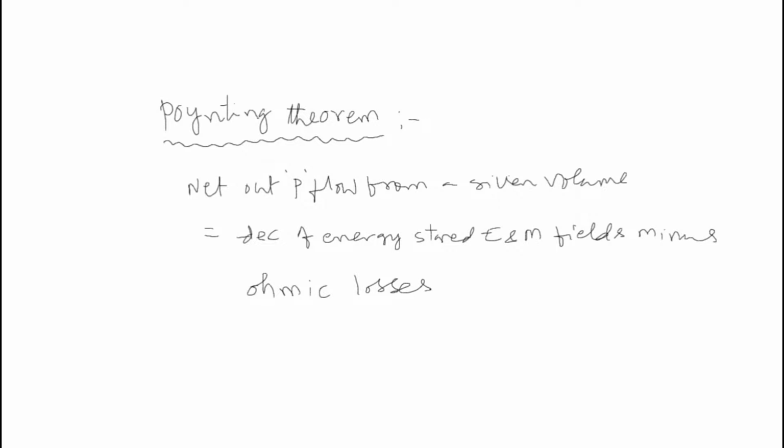Mathematically, it can be written like this. The net outward power flow is the integral of E cross H dot dS, which is equal to the decrement.